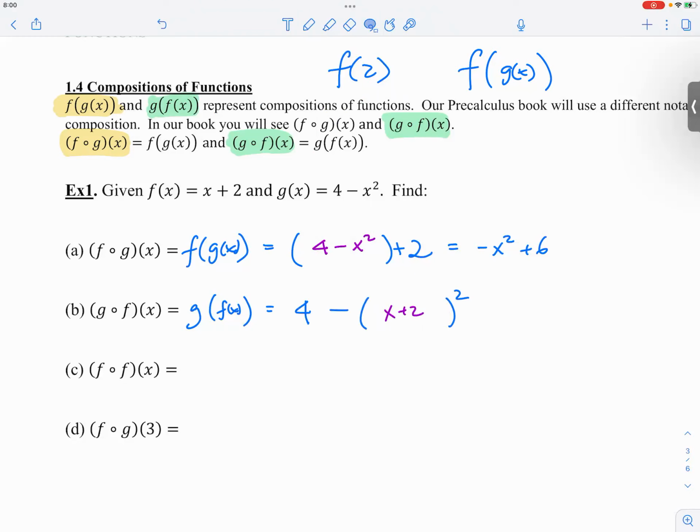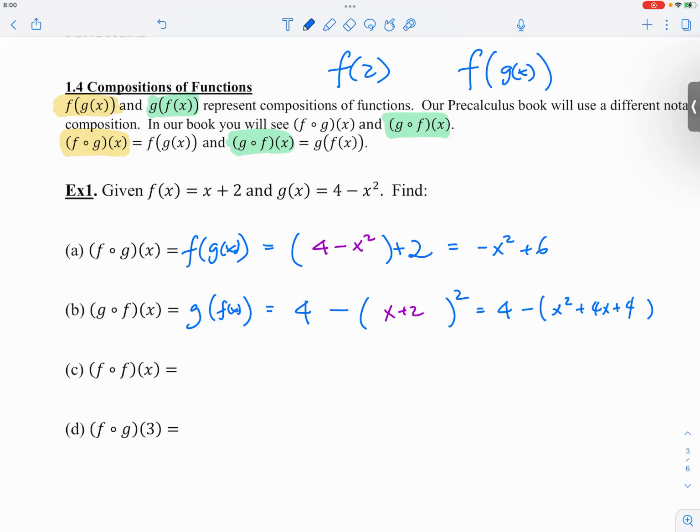So the g function is on the outside, and then you insert the function f into the x value. So parentheses are always your good friends in math. Parentheses are really good in helping you see what is happening here.